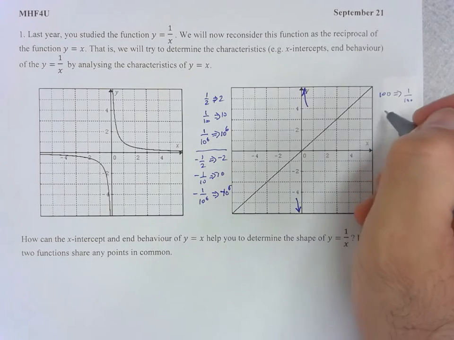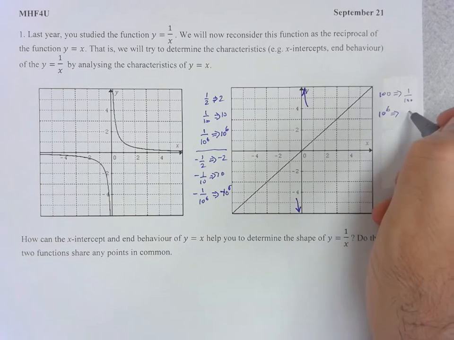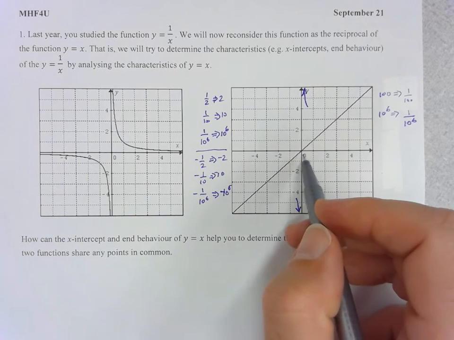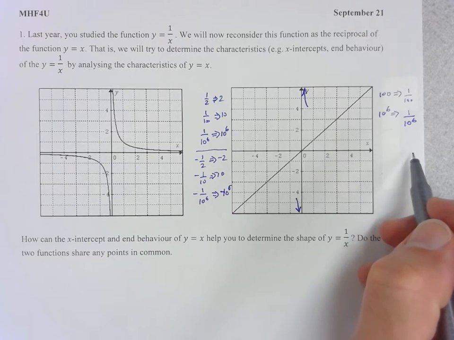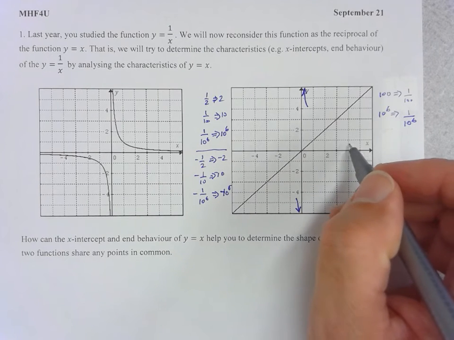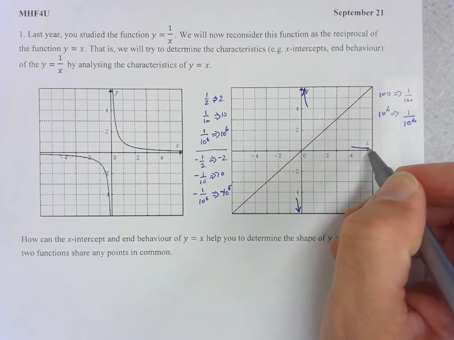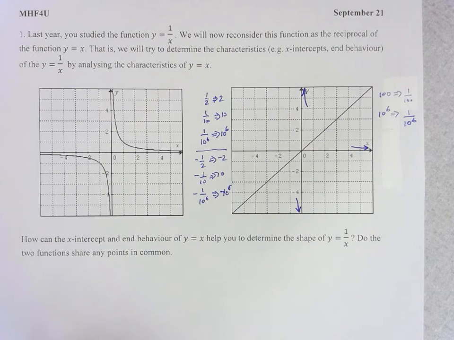If I take a million, I get 1 over a million. As the x's get larger and larger, 1 over x gets smaller and smaller. It's never actually going to reach 0, but it's going to get closer and closer, hence justifying this idea of having a horizontal asymptote.